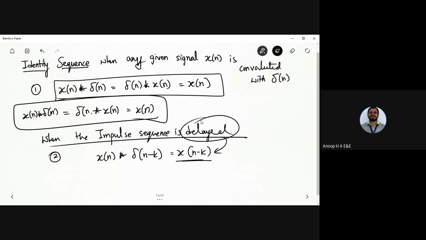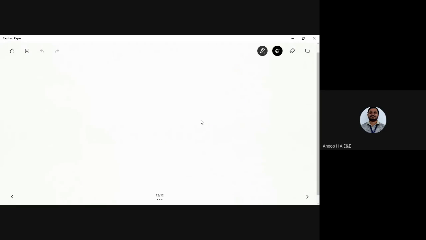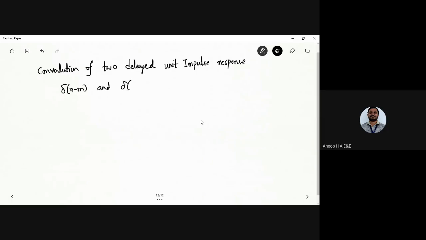Okay, so once you have two delayed impulse signals, what would be the case? The convolution of two delayed unit impulse responses. So you can write delta of n minus m and delta of n minus k.